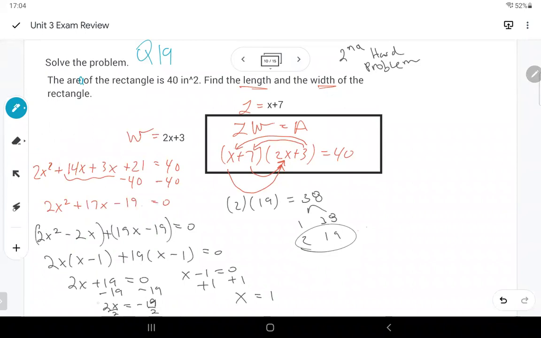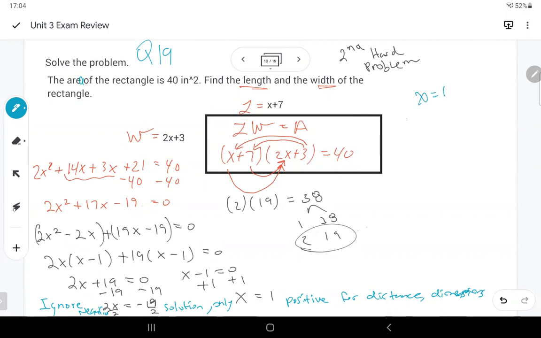So we actually ignore that, so we only go with the positive for distance, dimensions, that kind of thing.